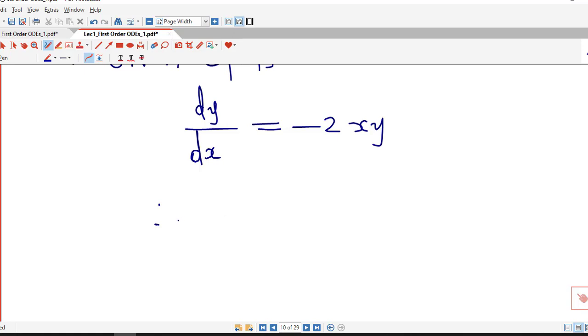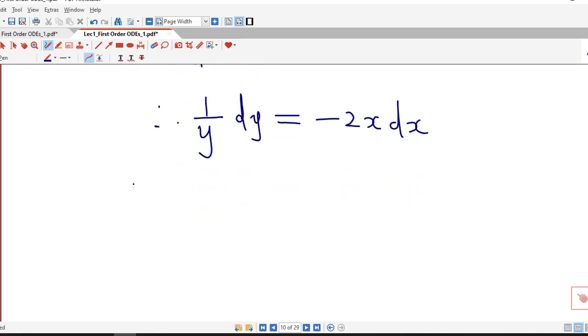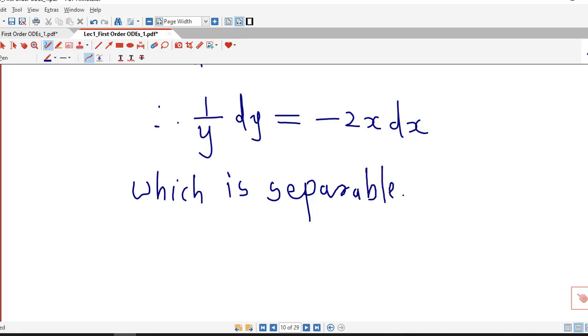So we consider this dx on right hand side, we take this y on left hand side. So 1 over y dy equal to minus 2x dx. So now this is easily separable. So now we have to integrate both sides.